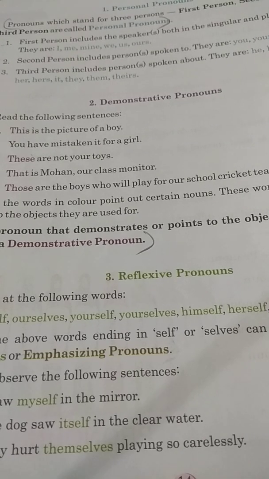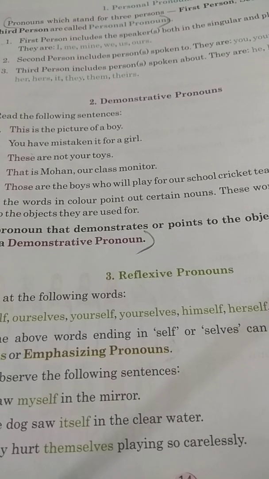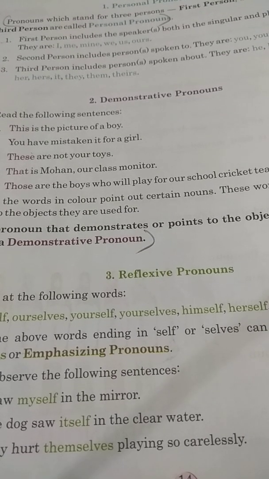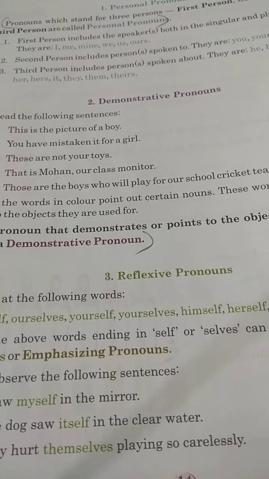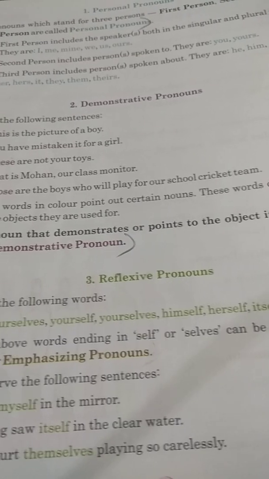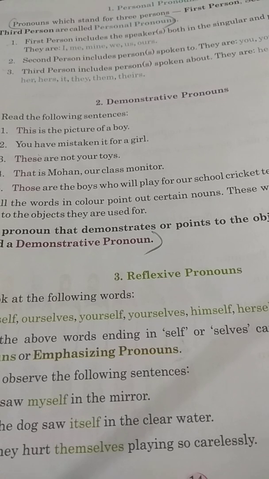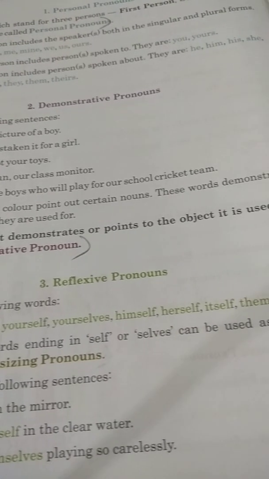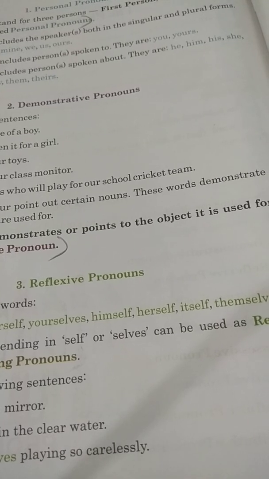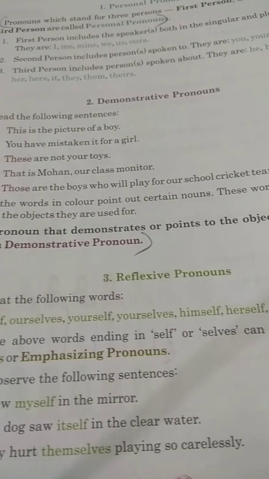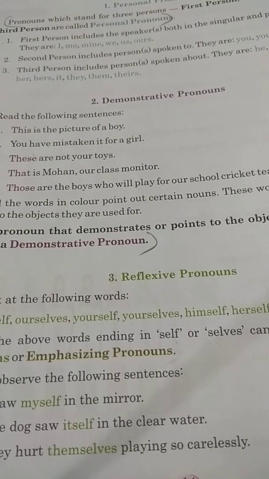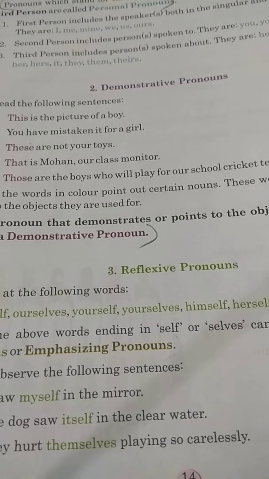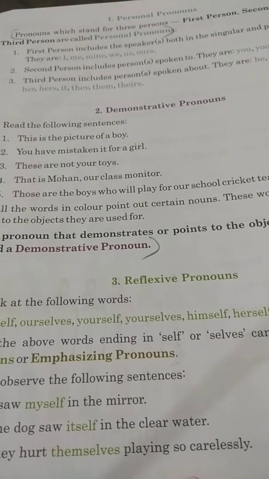Then second person includes the person spoken to. They are you, yours. Third person includes the person spoken about. They are he, him, his, she, her, hers, it, they, them, theirs.